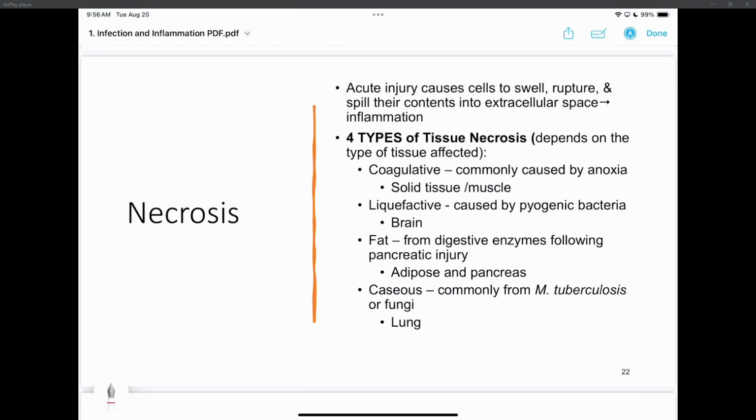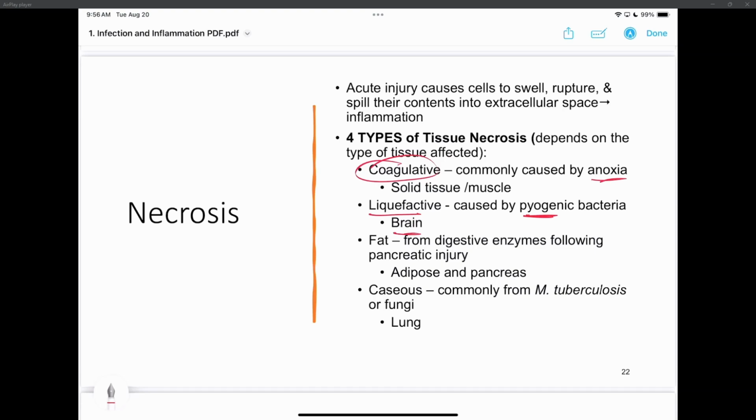So there are 4 types of tissue necrosis, and it depends on the type of tissue that's affected. Coagulative necrosis, usually caused by anoxia. You'll see this in solid tissue and muscle. We have liquefactive necrosis. This is from pyogenic bacteria. They cause high fevers, and it basically melts the brain. So usually the brain is that one.